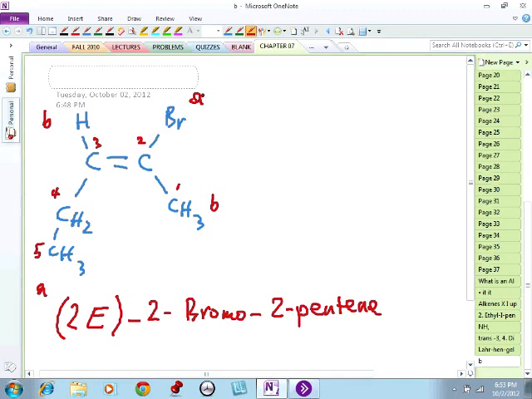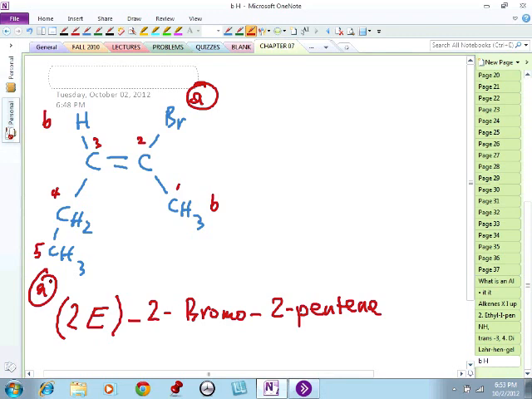Because the group of same priority, this group here, priority A and priority A here, they are on opposite sides of the double bond. When they are on opposite sides of the double bond, that is trans. When they are on the same side of the double bond, that is cis.